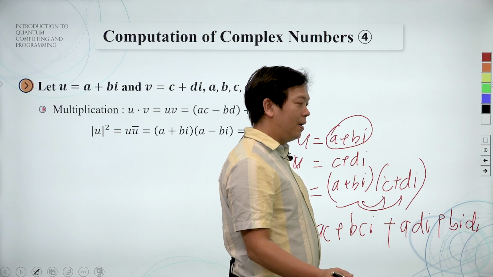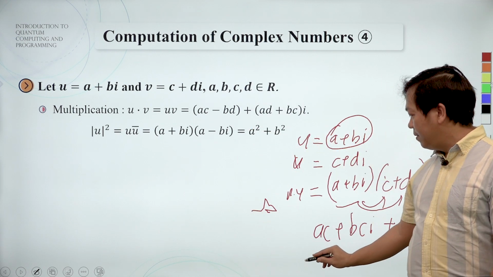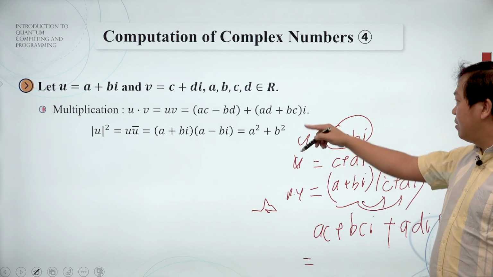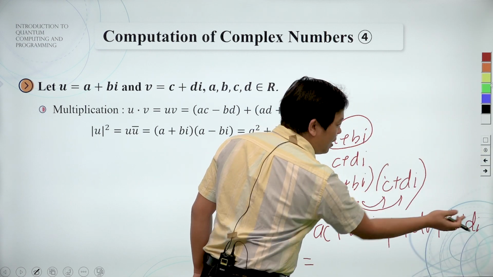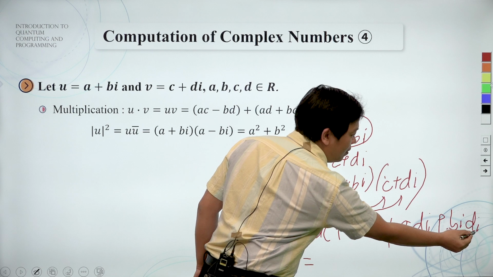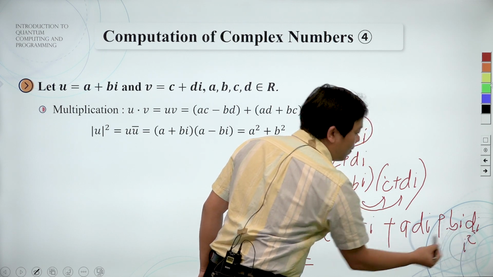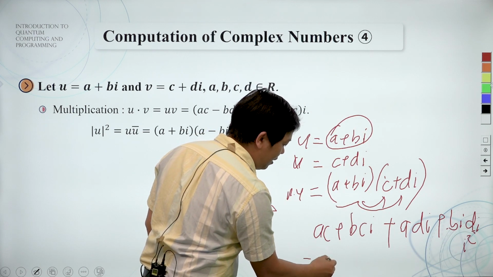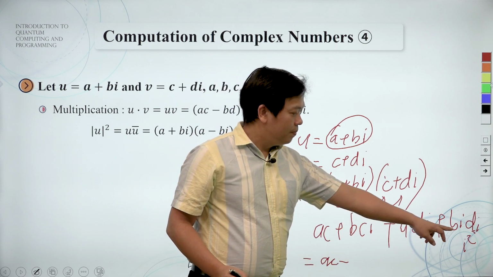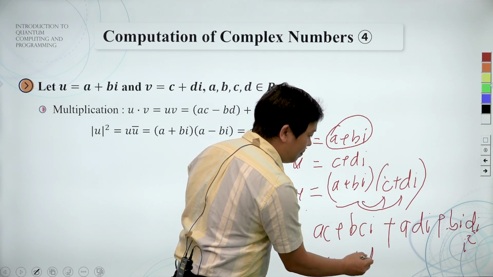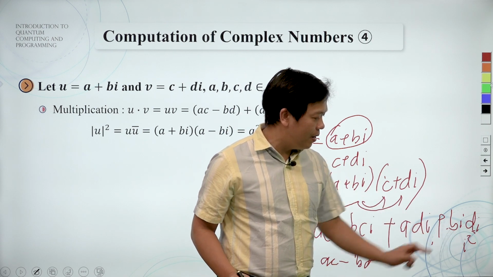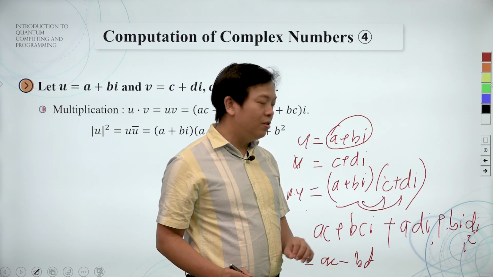After that, because we have b d i squared, so we have a c minus b d, because i squared equals minus 1, right?